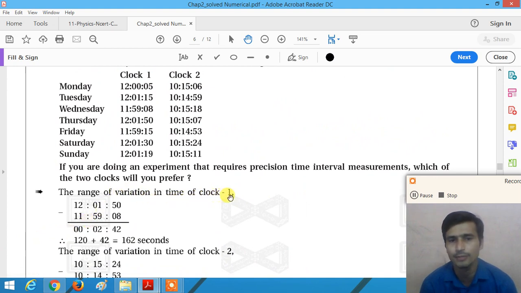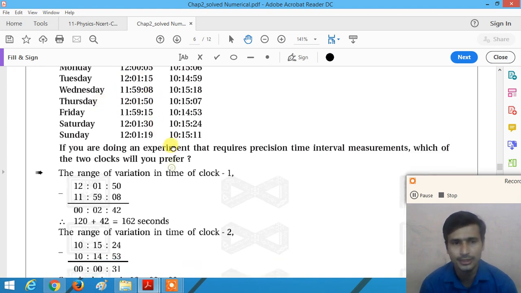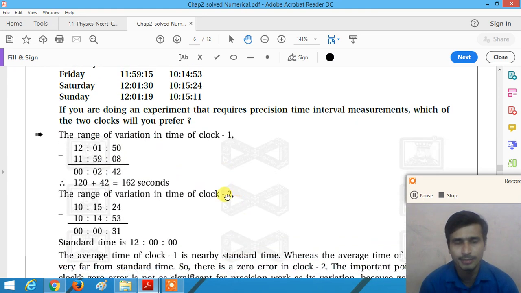On Monday, it measures 12:00:05, and on Wednesday, it measures 11:59:08. So the variation is 162 seconds from Monday to Wednesday. Similarly, for clock 2, from Monday to Wednesday, the variation is only 31 seconds.